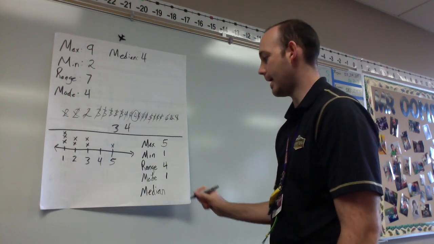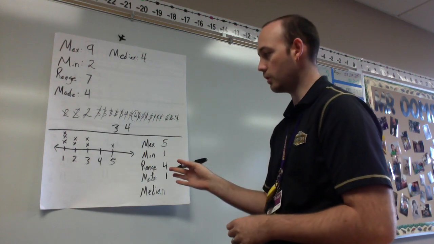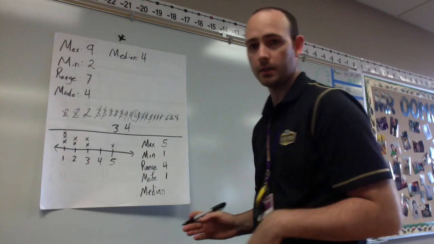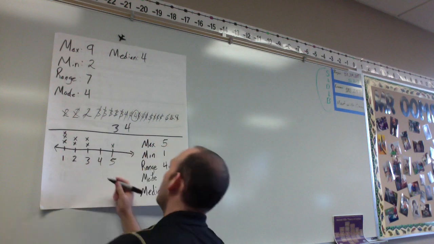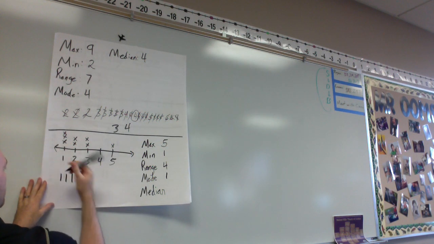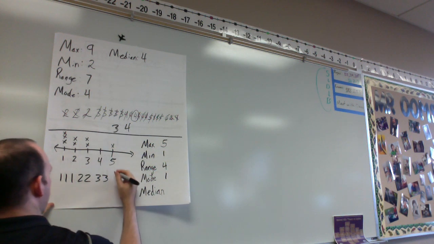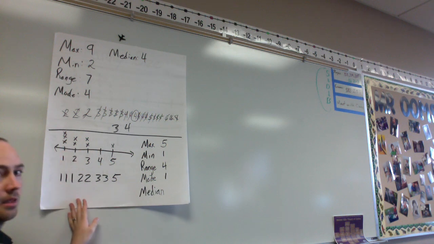When we go to find our median, I'm going to list these out from least to greatest, and I'm just going to cross them out from each end until I find a middle. So I have 1, 1, 1, 3 1s, 2 2s, 2, 2, 2 3s, 3, 3, and a 5. Just like that.